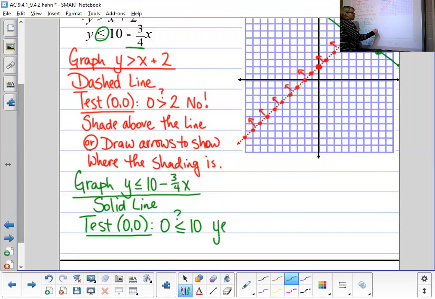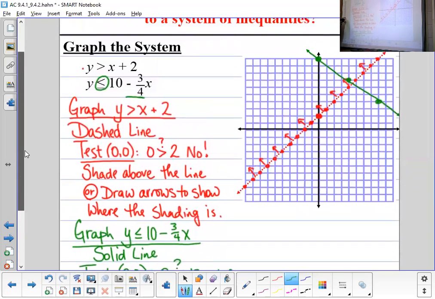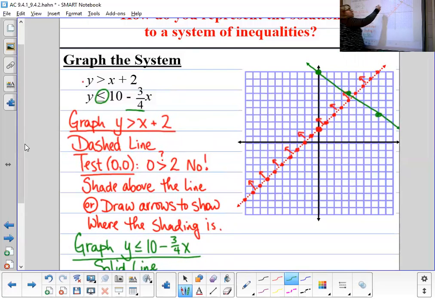Yes, that is true. So that means that I would shade towards 0. And shading towards 0 in this case is below the line. But again, you can just draw arrows if you don't want to do a whole bunch of shading and erasing. So my arrows are going to show me that the shading for this line would be down here.